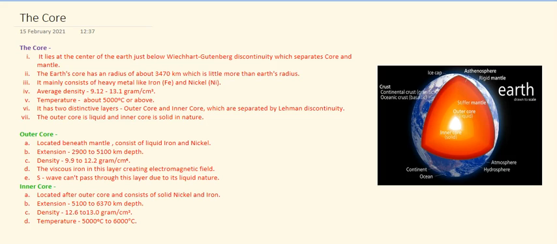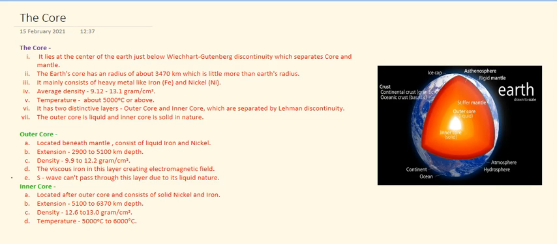The viscous iron in this layer creates an electromagnetic field. S waves can't pass through this layer due to its liquid nature. So further passage of S waves is restricted here. They generally deflect or reflect from this particular layer.